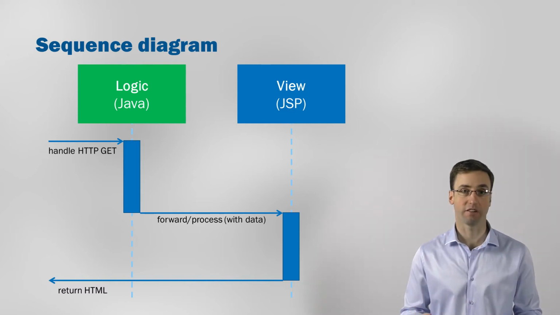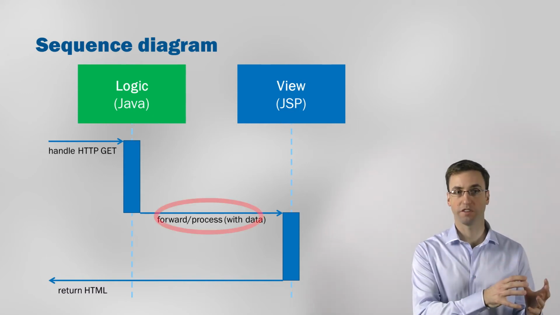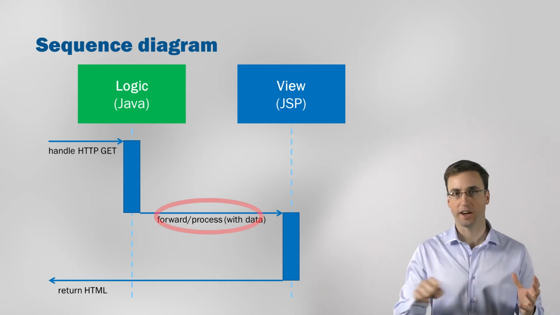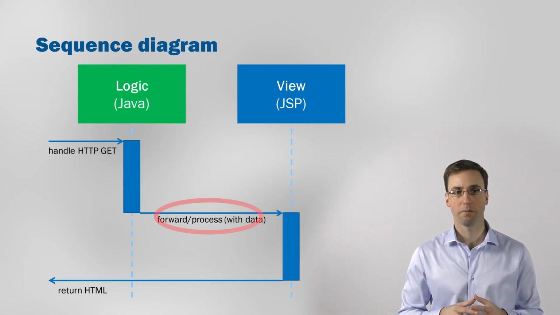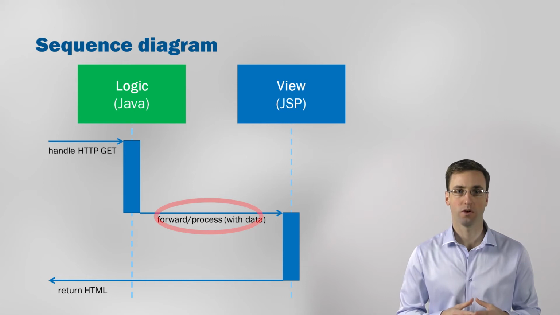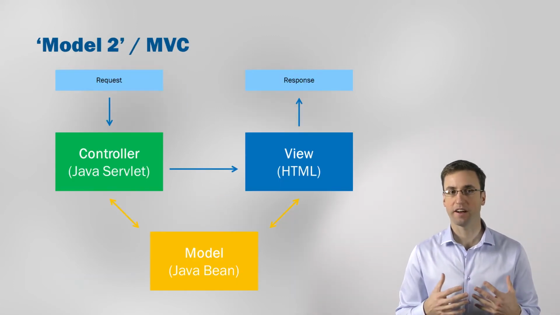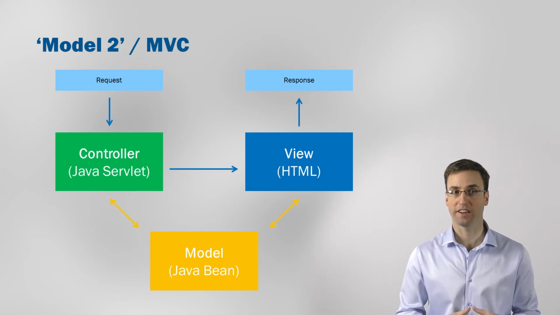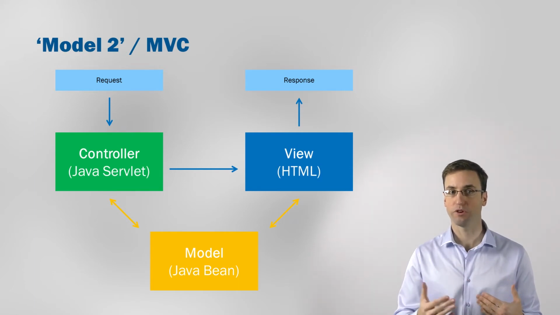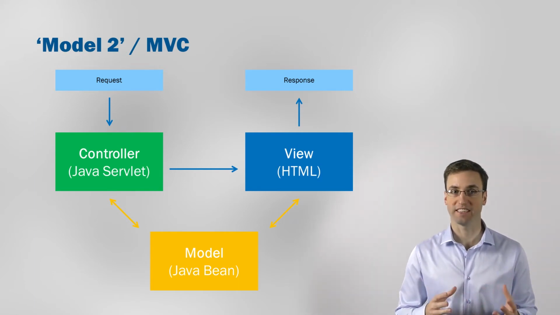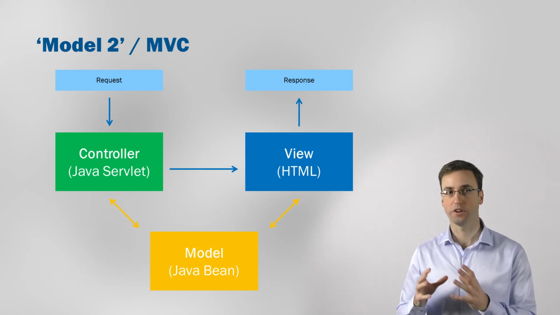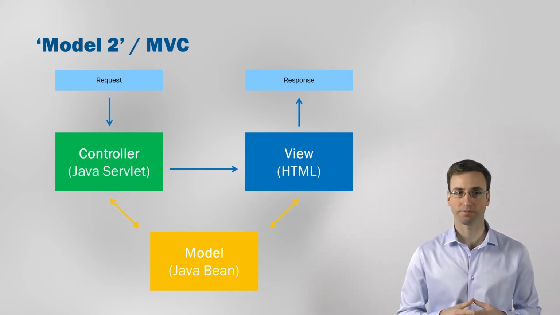In the sequence diagram, when control is passed from the servlet to the JSP page, data is passed along. But how is this done? Well, it can be set using internal page properties. However, this Model 2 architecture can be refined and improved in what is known as an MVC, or Model View Controller architecture.